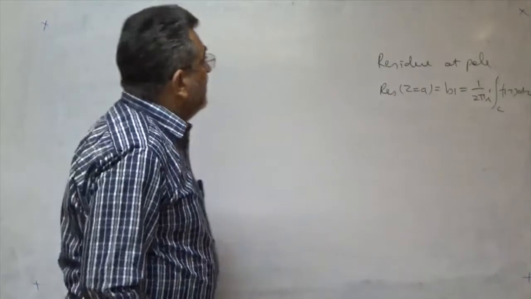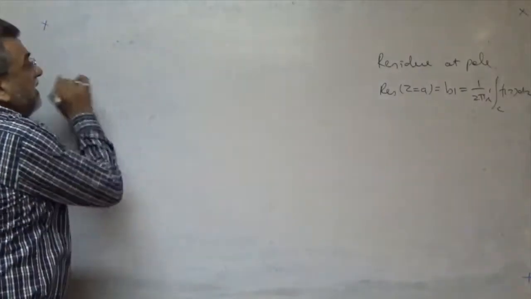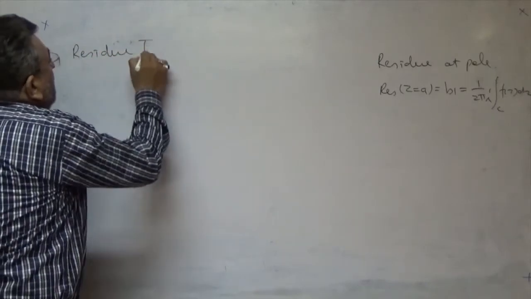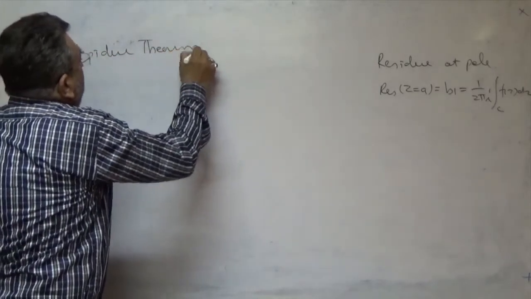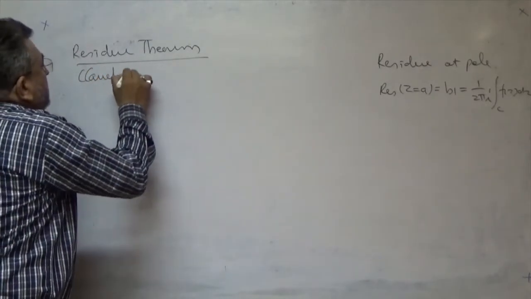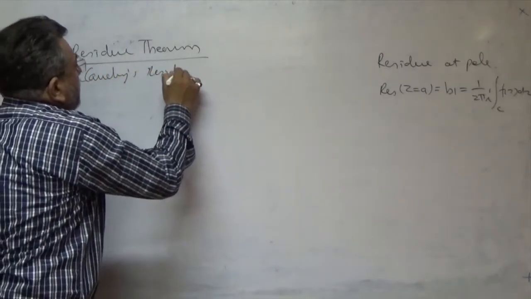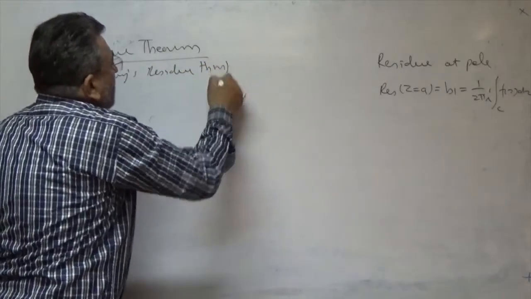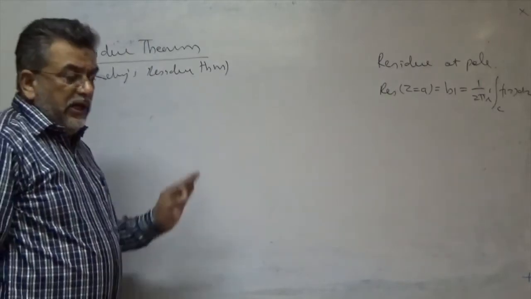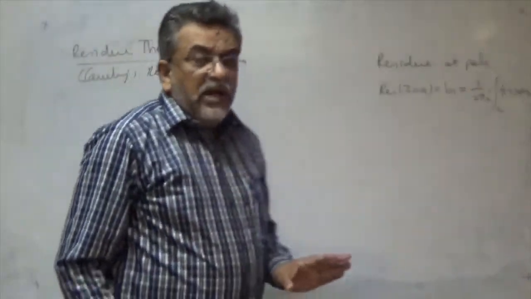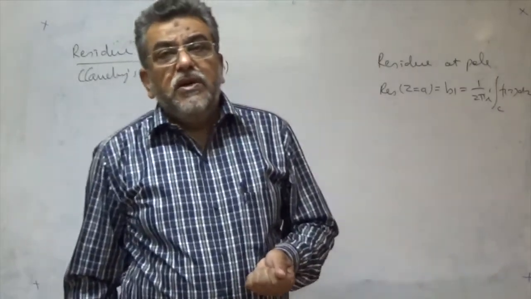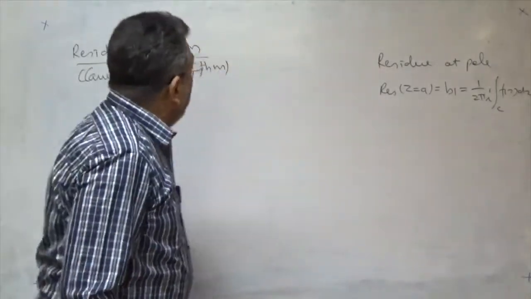In the last lecture I also stated a theorem, the residue theorem, also known as Cauchy's residue theorem because it was discovered by Cauchy. I only stated it and gave an example, but its proof is also part of your syllabus.